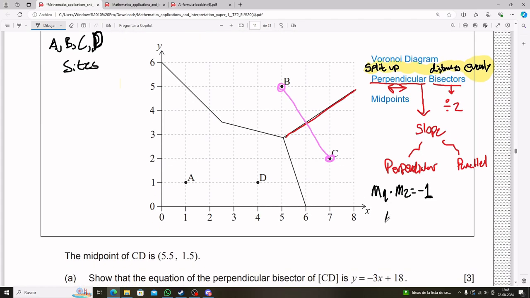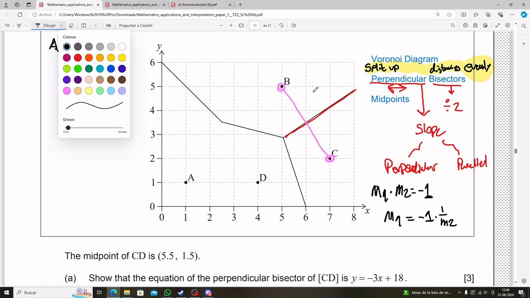This is also why you might have heard that for perpendicular slopes, it's the negative reciprocal of the other one. When they say reciprocal, it's just a fancy way to say 1 divided by that, right? And then negative, because of course there's a negative right here. See? So the hardcore mathy formula, it's either of these. You can remember it however you want.